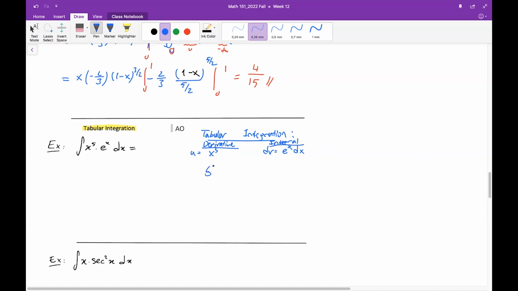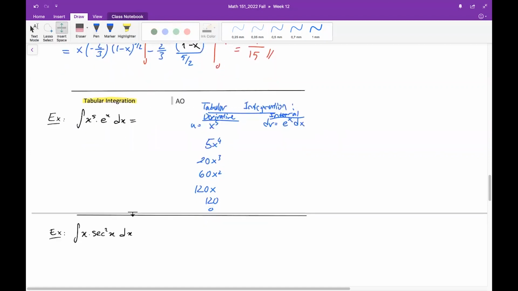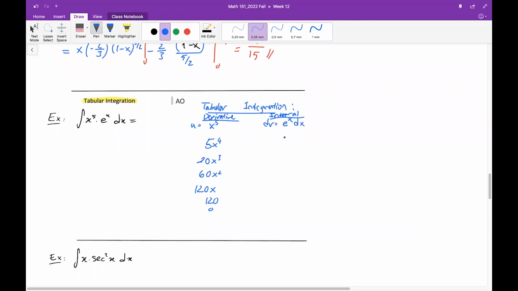So it is 5x to the power 4, 20x cubed, 60x squared, 120x, and 0, till it disappears. You take the derivative like this, and at every step you will be taking the integral, e to the power x, e to the power x, and we are lucky the integral of e to the power x is always itself. Then you start multiplying, and you start following the directions of arrows.